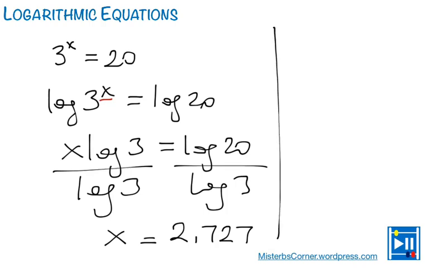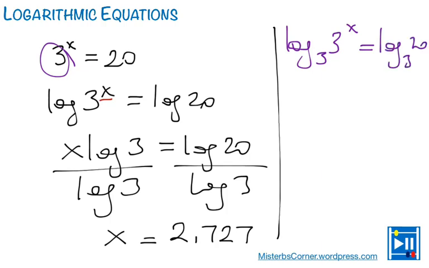There is another way of doing that. If you like, you can take a log of both sides, but this time you can just assign the base to be the same as this number here. Right? If you take the log in base 3 of 3 to the power of x, it must be the same log base 3 of 20, right?